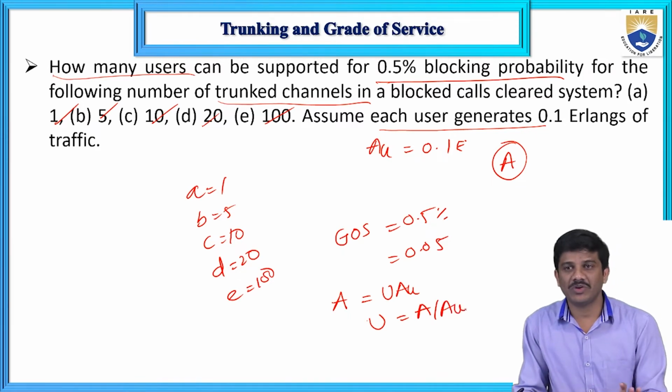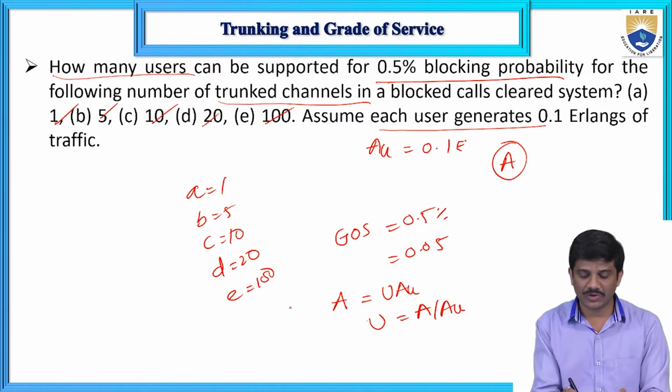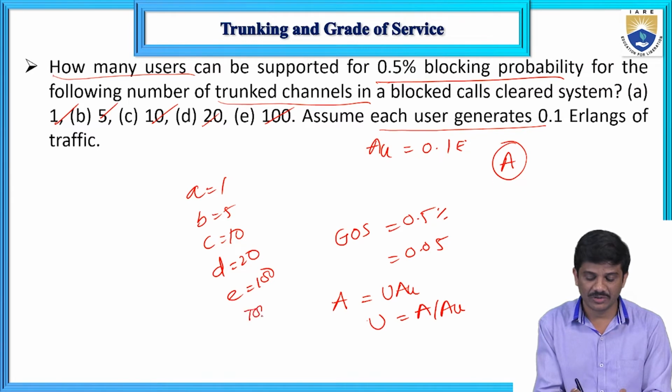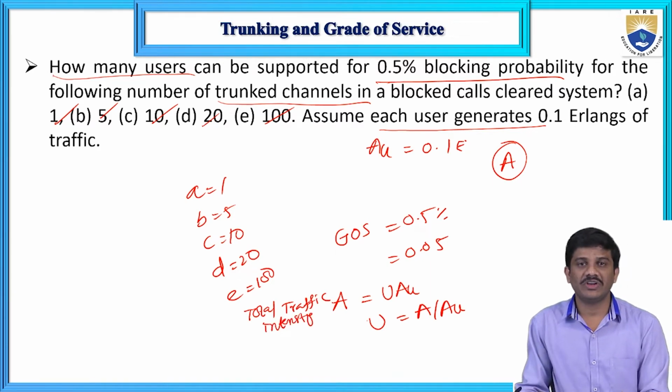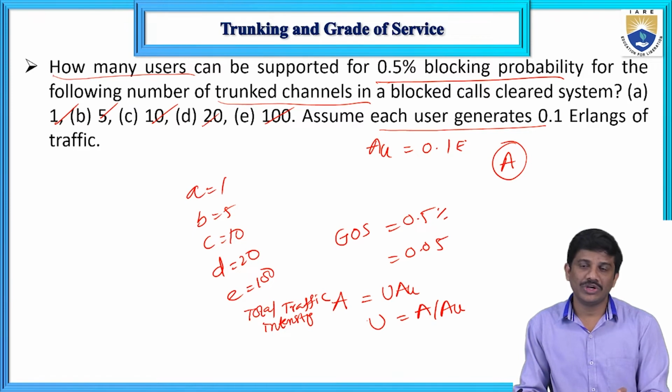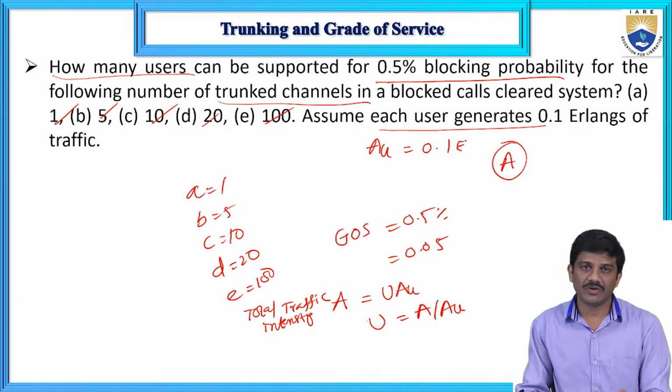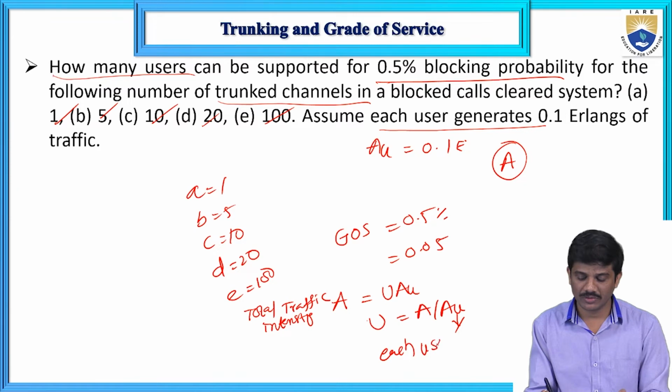Actually, this is the total traffic intensity, A equal to U into AU. Then we can find out U equal to A by AU, where AU is each user's traffic intensity.